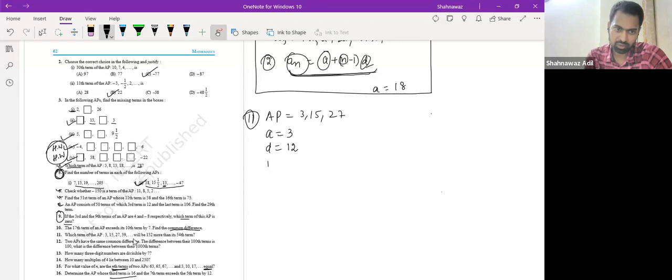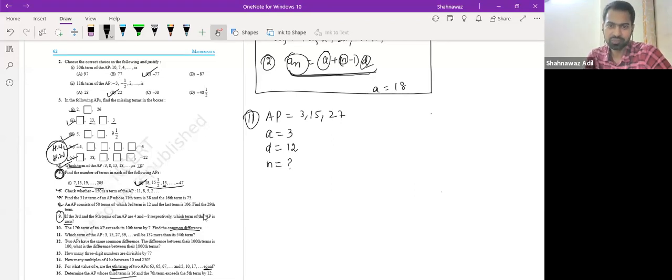Which term of the AP will be 132 more than its 54th term? So which term, which represents what? The nth term. In this question, it represents some number, right? The number is represented by n.